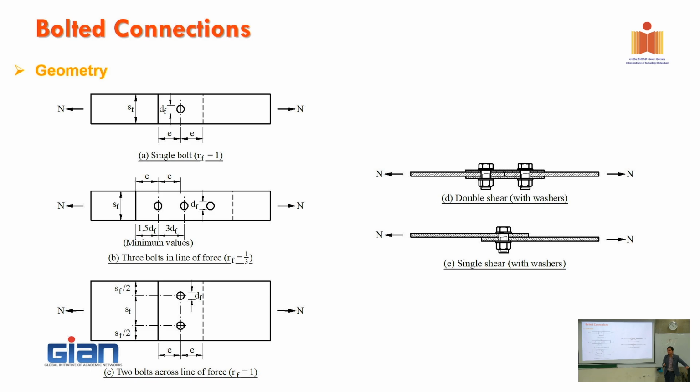M8 is 8 millimeter, M10, M12, and with the bolt property or type of bolt, we have 2 types of bolt. One is 4.6, which is the normal strength bolt. So we just use it for secondary purposes, not for structural purposes. The strength of the bolt is about 400 megapascal.